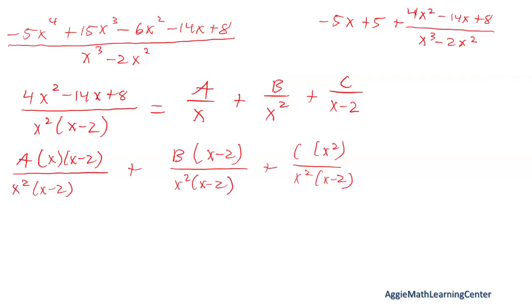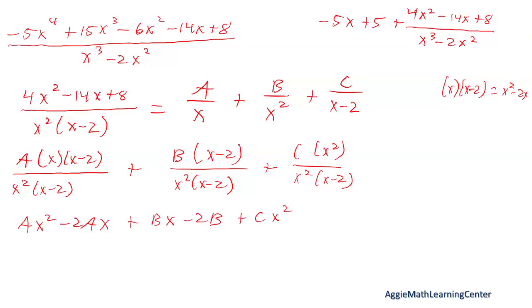So now if we combine those together, then this a, so the x times, I'm going to write this to the side, x times an x minus 2 is x squared minus 2x. So if I do a times x squared minus 2x, you get an ax squared minus 2ax. This b becomes a bx minus 2b, and the c is cx squared.